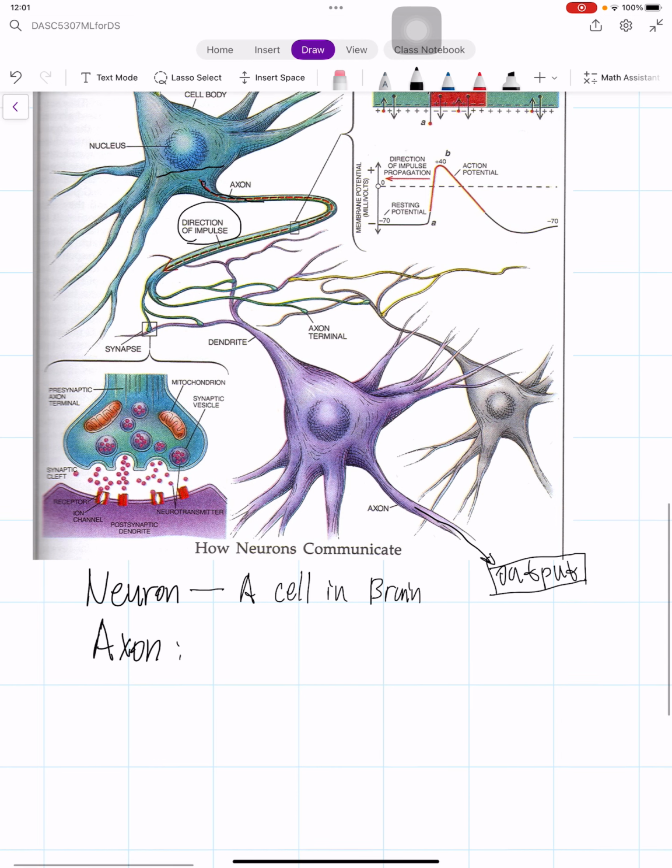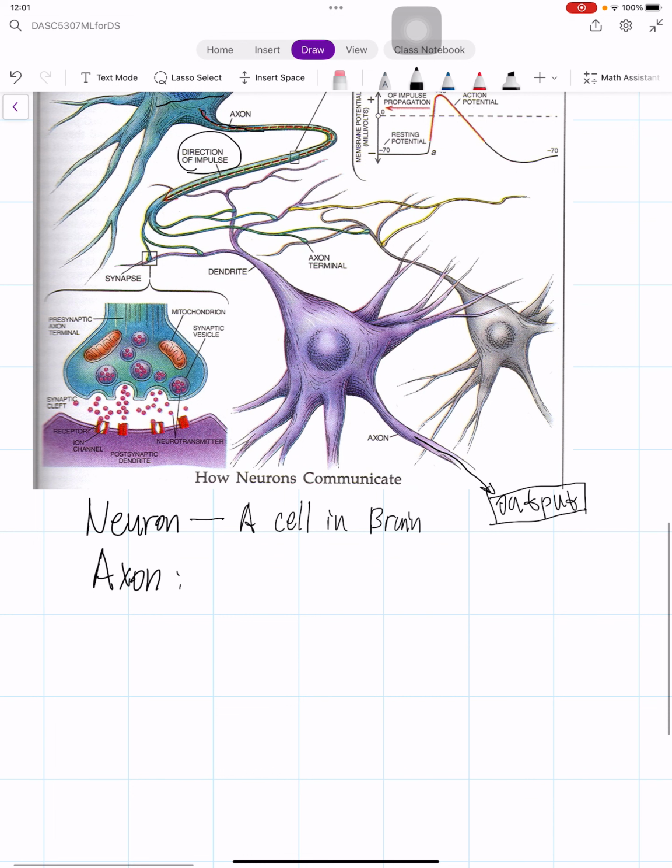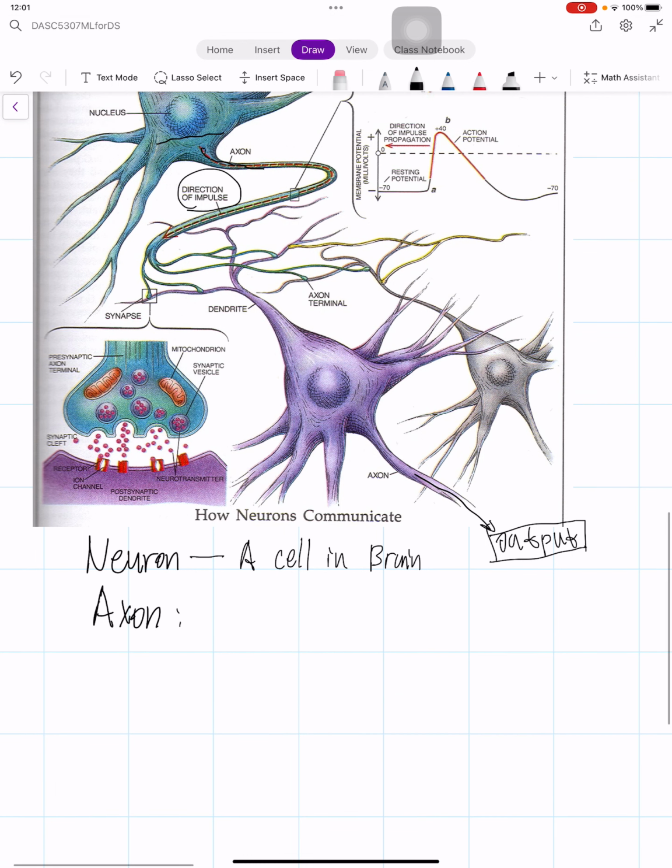There are also important connections between neurons called synapses. Synapses are connections from one neuron's axon to another neuron's dendrite.